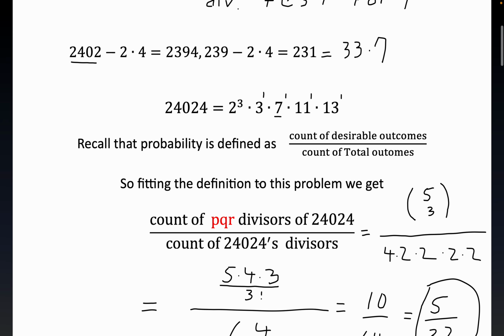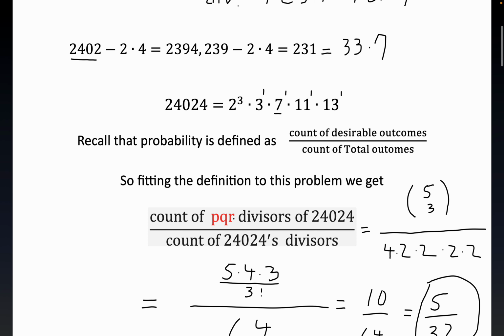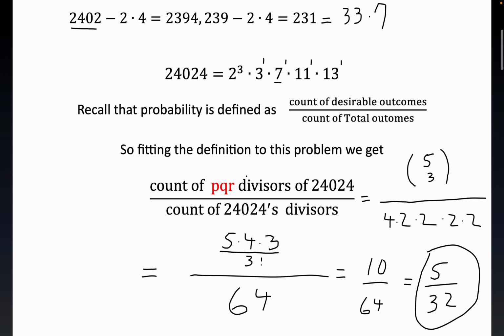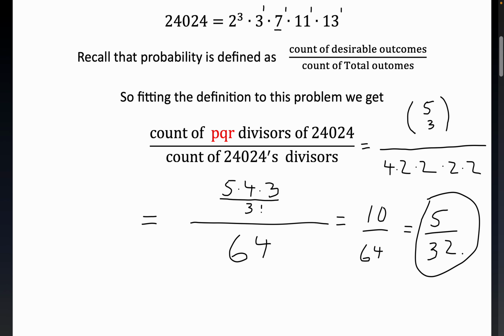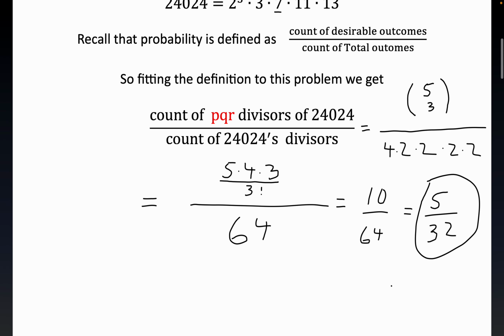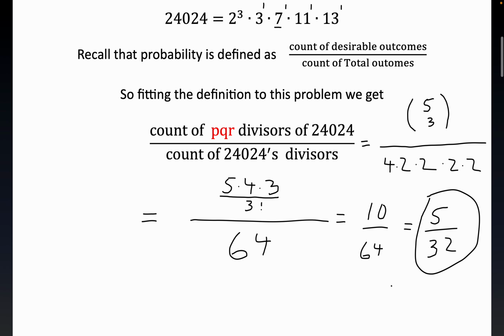You could write some kind of function that would check to see if the divisor was a product of 3 distinct prime divisors. Maybe that'd be a little tricky. But you could do this by brute force to see if that happens. Relative frequency 5 over 32, or absolute frequency, whatever you want to call it. But it would be a fun program to write, in my opinion.